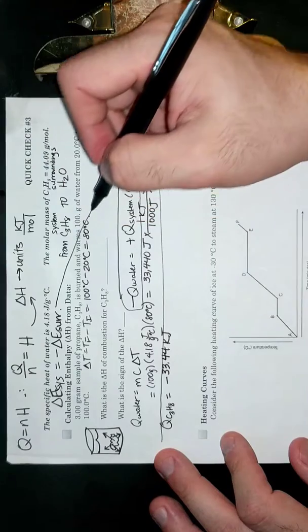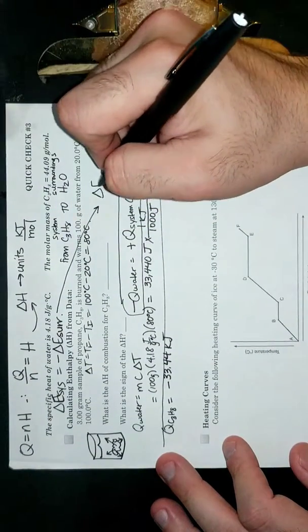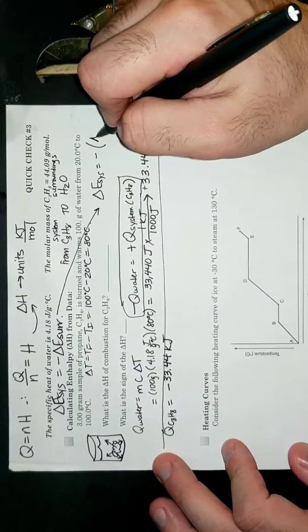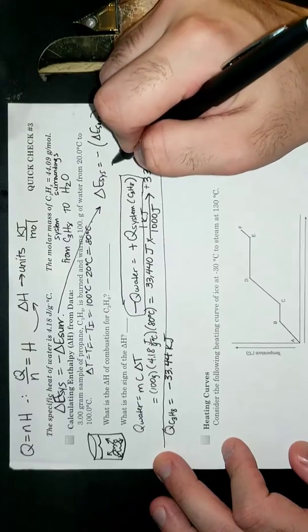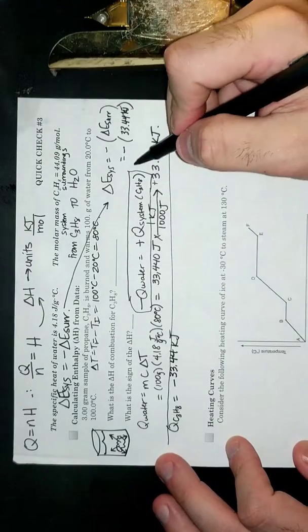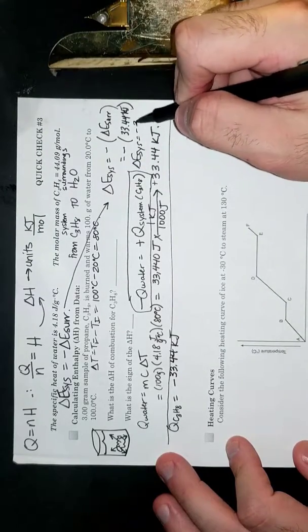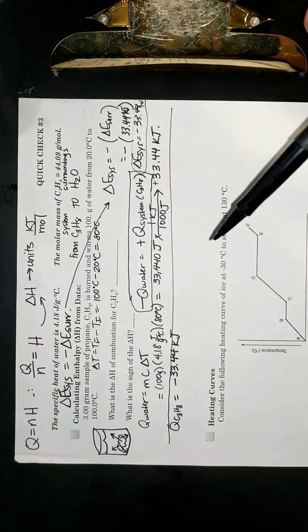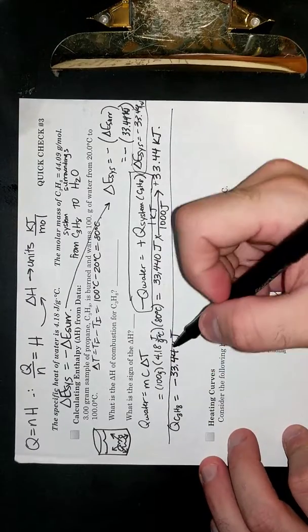To show my work, the surroundings is equal to 33.44, so delta E of the system is equal to negative 33.44 kilojoules. That's a little bit sloppy, but you get the idea: I plug in whatever my surroundings is and I negate it. If my water was negative, that means it lost energy to the system, and that means my system would have been positive.